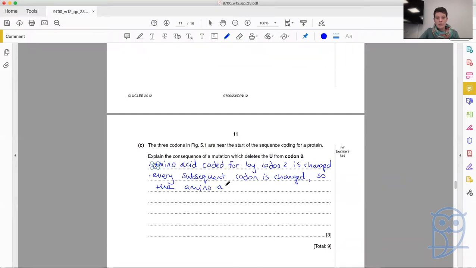So the amino acid sequence changes. Remember, we have stop codons. So if we change the frame in which we are reading this code, we could all of a sudden have a stop in the middle of our protein.